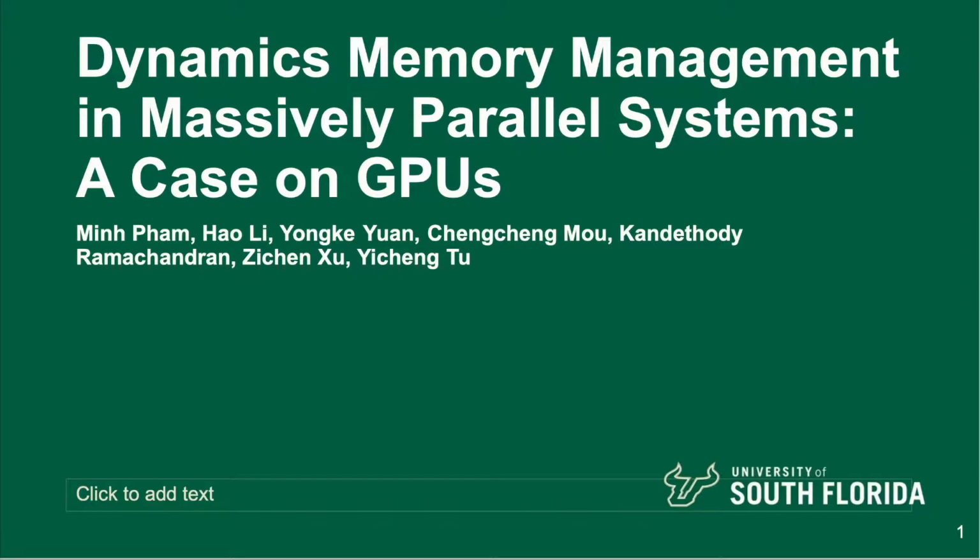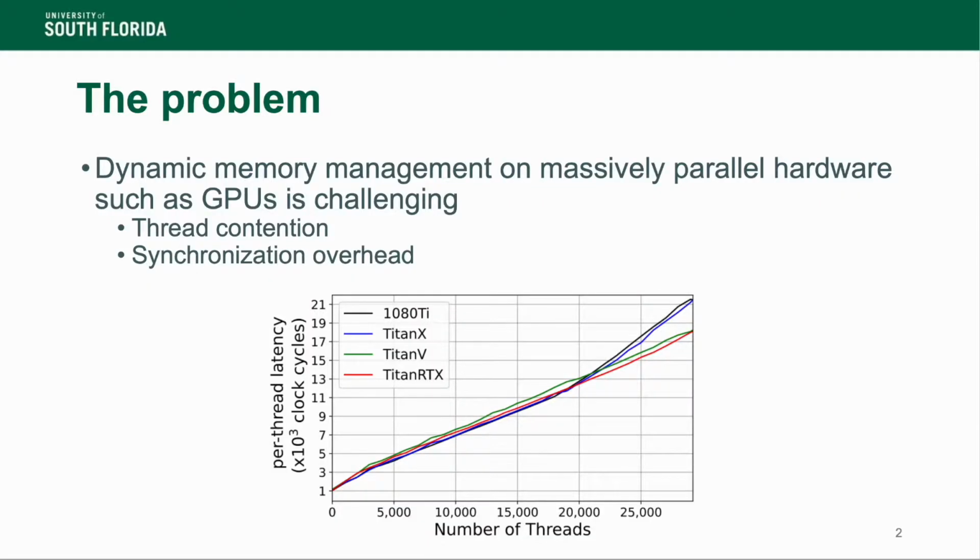And there is a strong movement of developing software systems on GPU, such as database management systems, graph analytics, and data analytics. There are unique challenges in developing system software on massively parallel hardware, mostly imposed by the need to support a large number of parallel threads and the architectural complexity of GPU hardware.